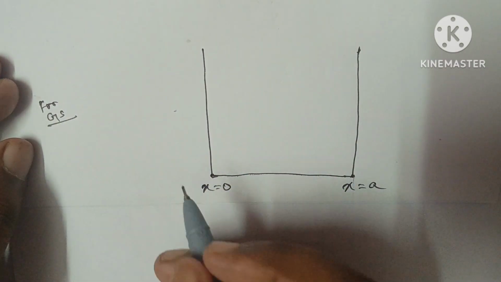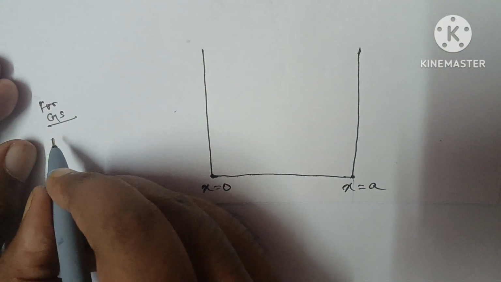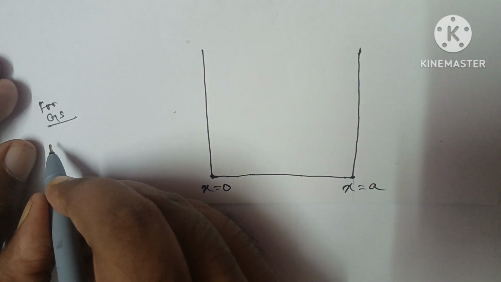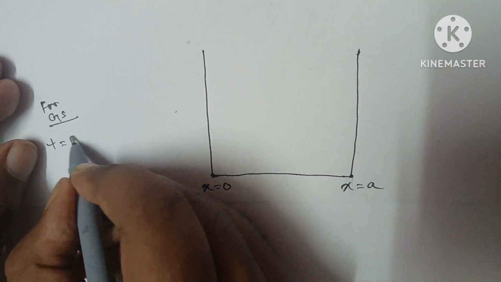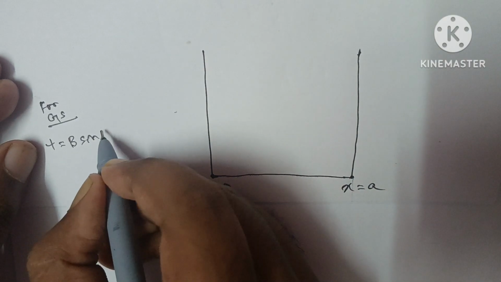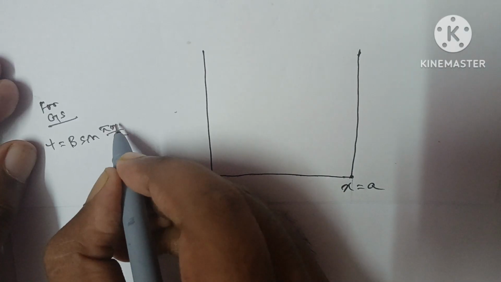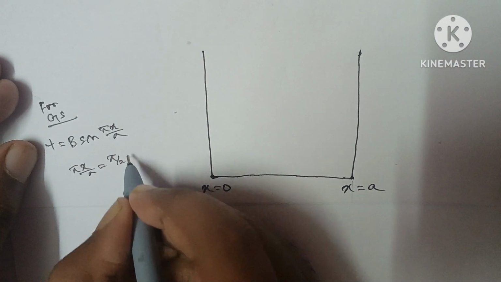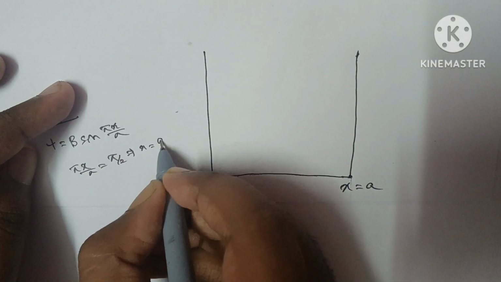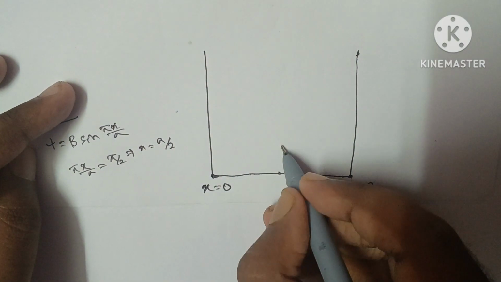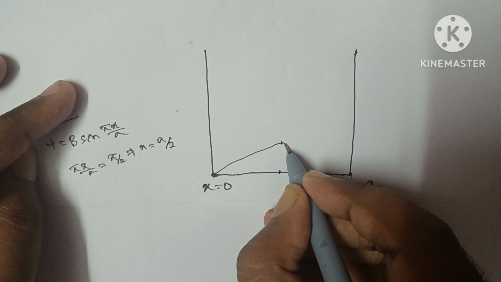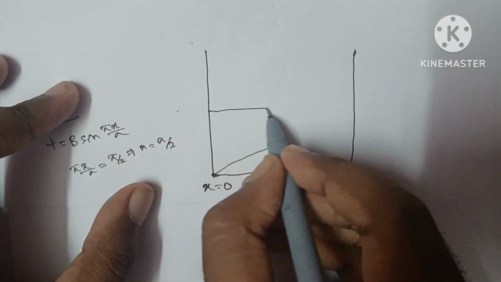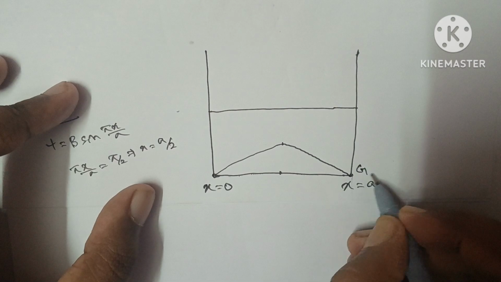Now how would psi look? It will be for n equals 1. So psi would be b sin pi x by a. For the antinode, pi x by a equals pi by 2. So x equals a by 2. So here it would be the antinode. So the function would look like this. So it is the ground state.